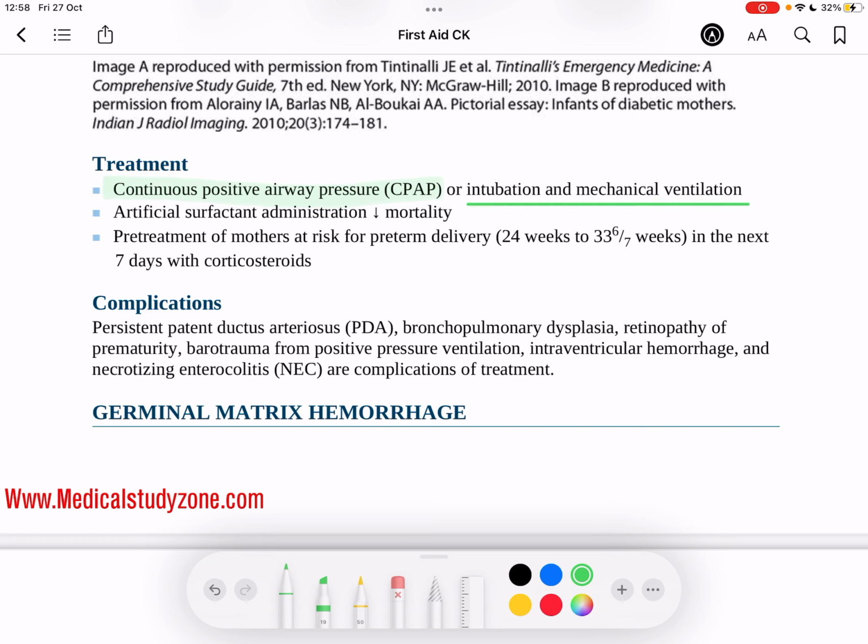We can also administer artificial surfactant, and that is known to decrease mortality. And in terms of prevention, mothers who are at risk of preterm delivery can be given corticosteroids, okay? Within the next 7 days, you give corticosteroids, and that's going to increase the surfactant production in the neonate.